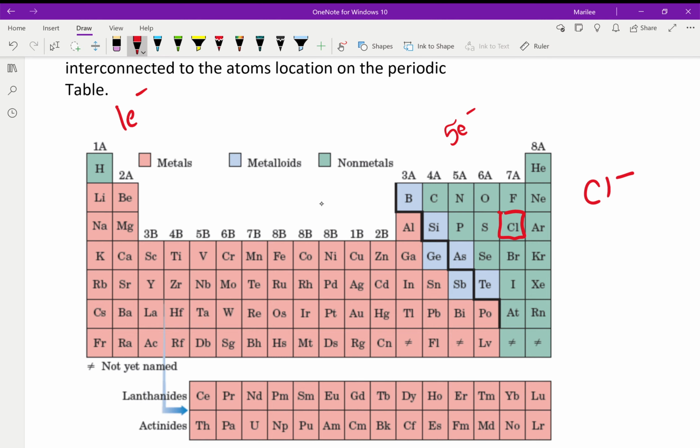And then we have the Ar here. We know that Ar, the argon, has 8 electrons. The chlorine has 7 electrons, right? Because it's in group 7A. So Cl minus will mean that the chlorine has 8 electrons.